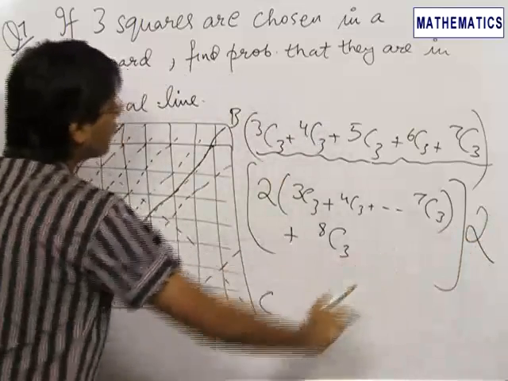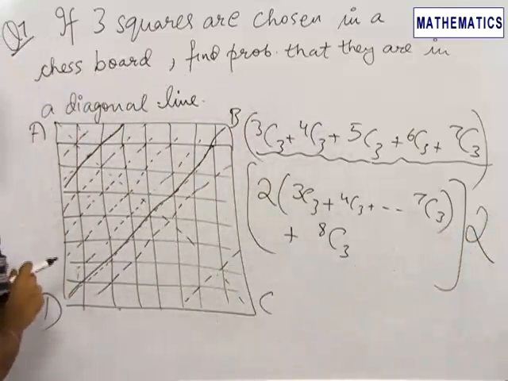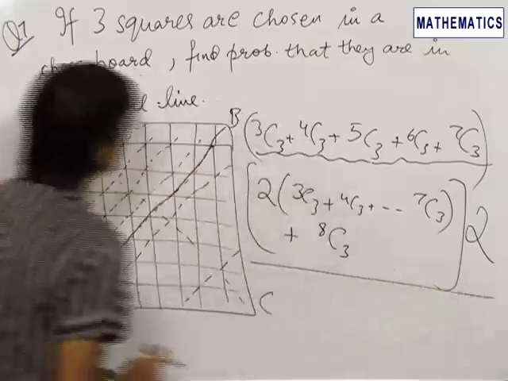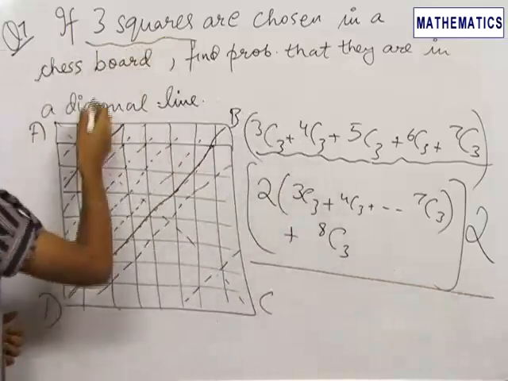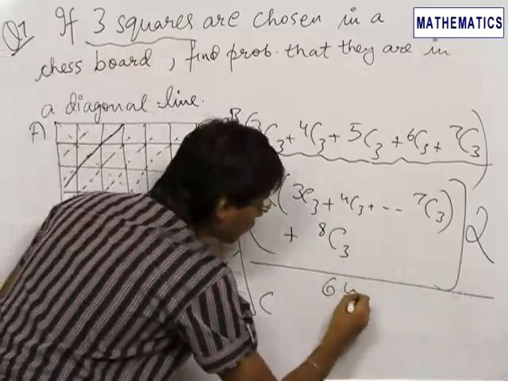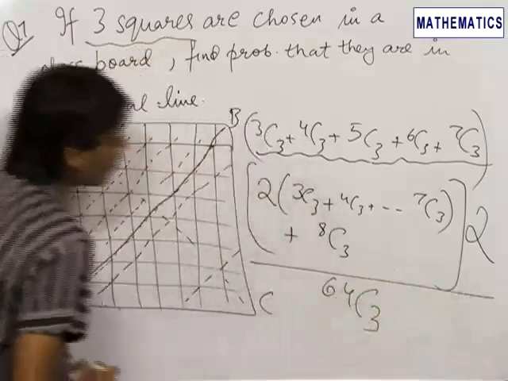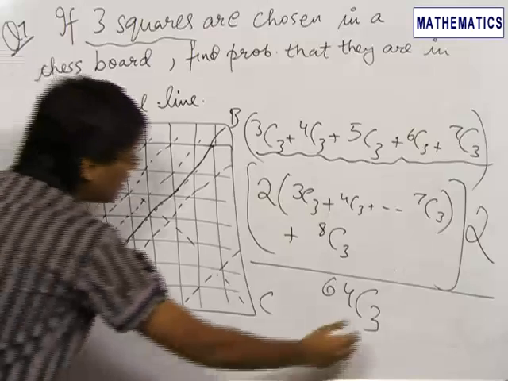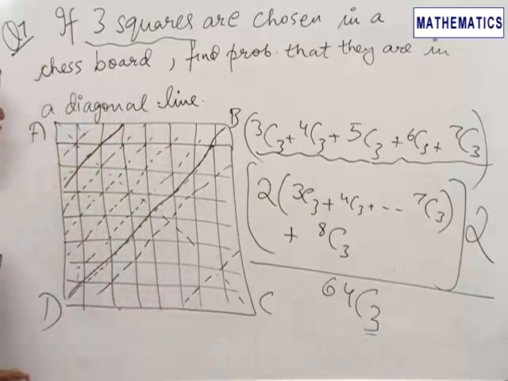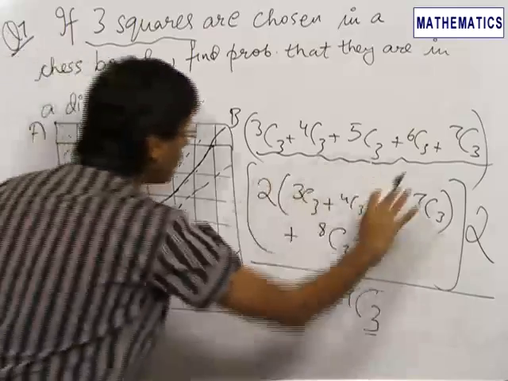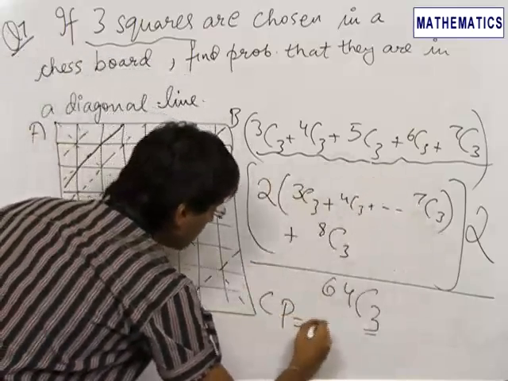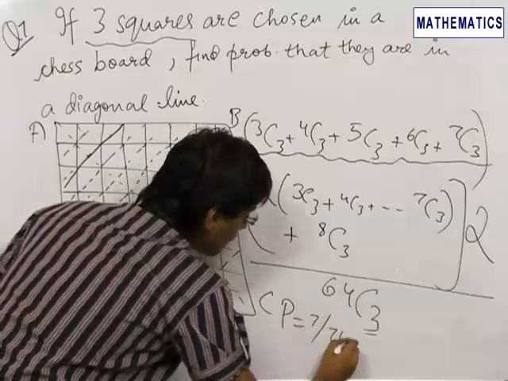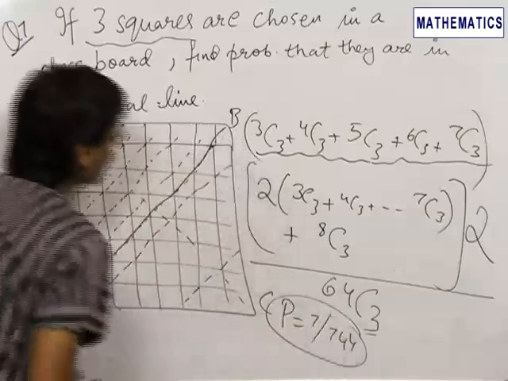These are the total number of favorable cases in which 3 squares which are being chosen are lying on the diagonal line, divided by the total number of ways in which 3 squares can be chosen in a chessboard, which is 64C3, because there are total 64 squares in a chessboard and we need to select 3 squares. And on solving all this, our final probability comes out to be equal to 7 upon 744.